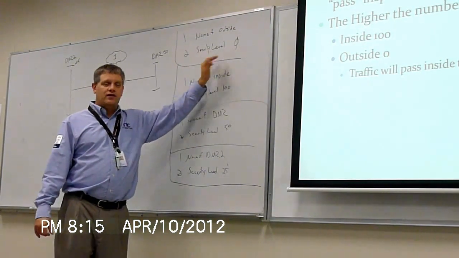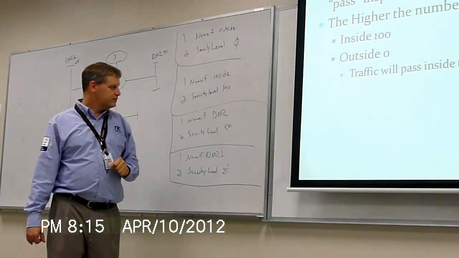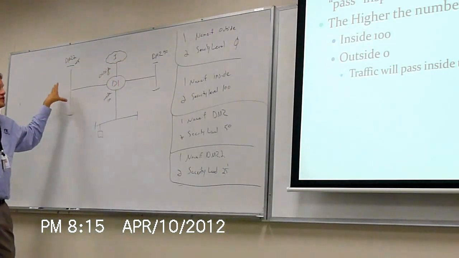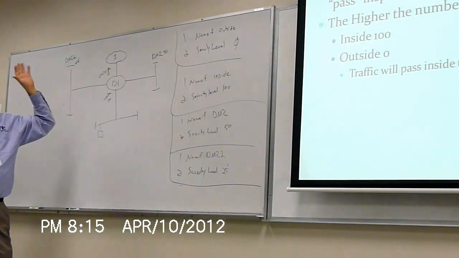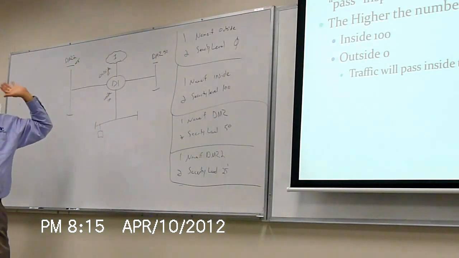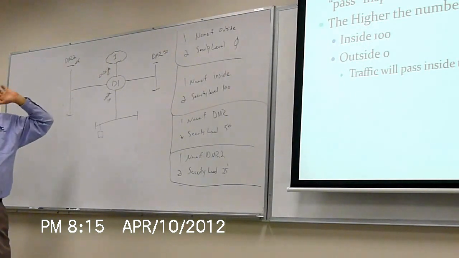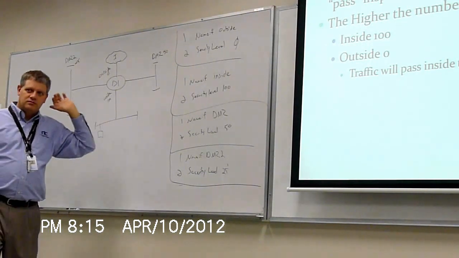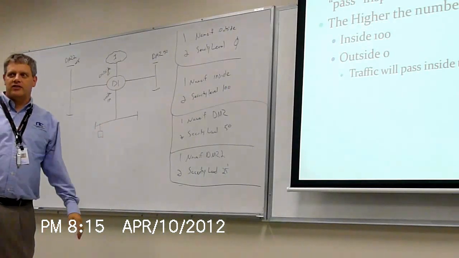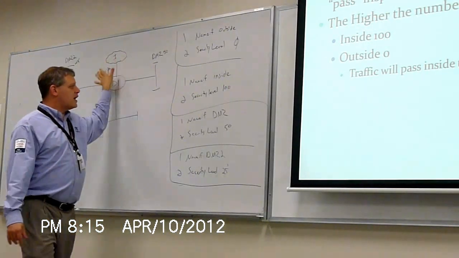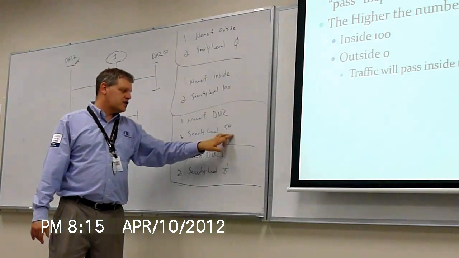The least trusted level, the most trusted level. If I create additional interfaces, I can name them whatever I want to: DMZ, Bobo, Bozo, Mustang, Camaro, doesn't matter. But when I do that, I have to manually give them a security level.